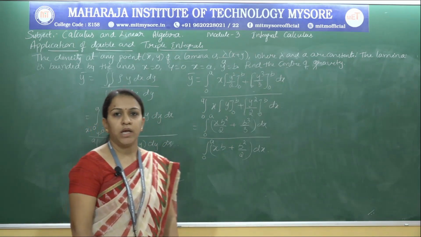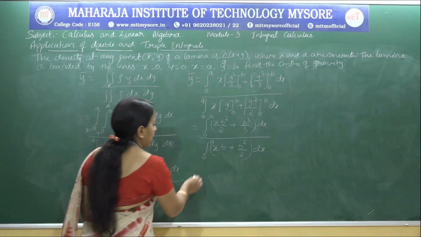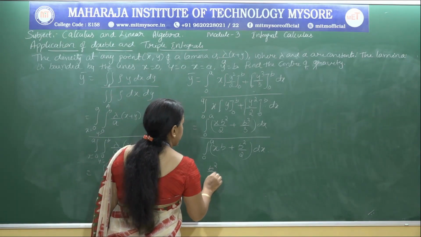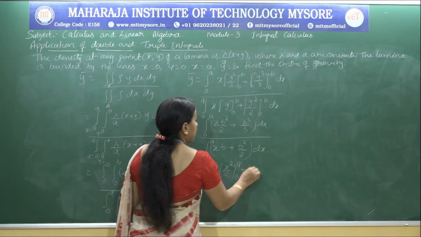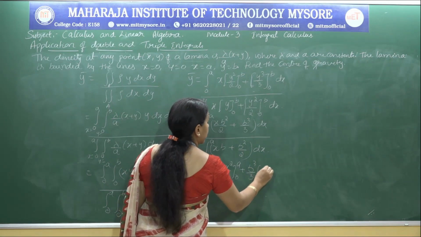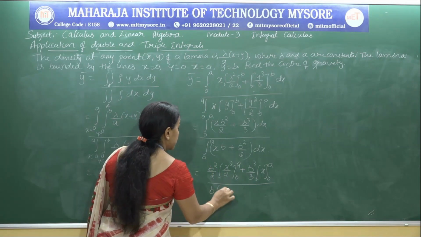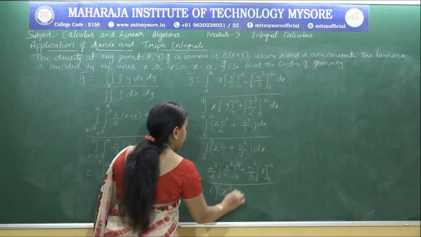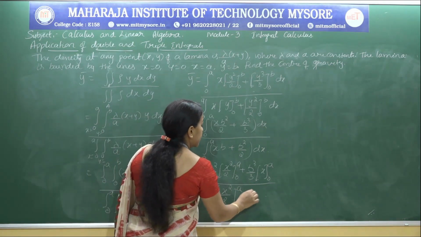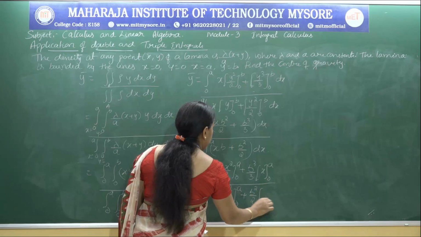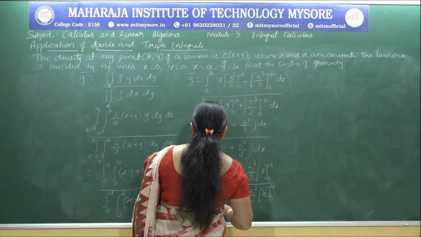Now we are left with only x and a constant, integrate with respect to x, that is b square by 2 constant, the integral of x is x square by 2 between the limit 0 to a, b cube by 3 constant, the integral of dx is x between the limit 0 to a, whole divided by b constant, the integral of x is x square by 2 between the limit 0 to a, plus b square by 2 constant, the integral of dx is x between the limit 0 to a.